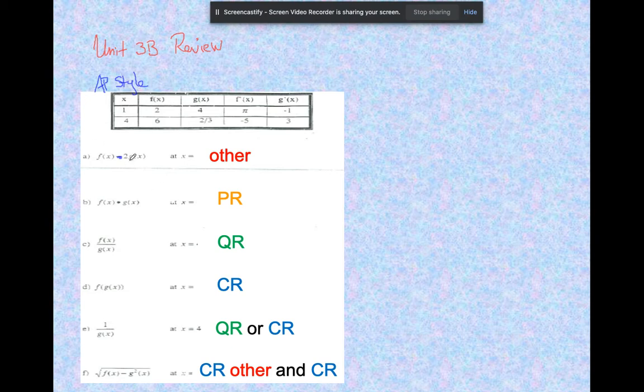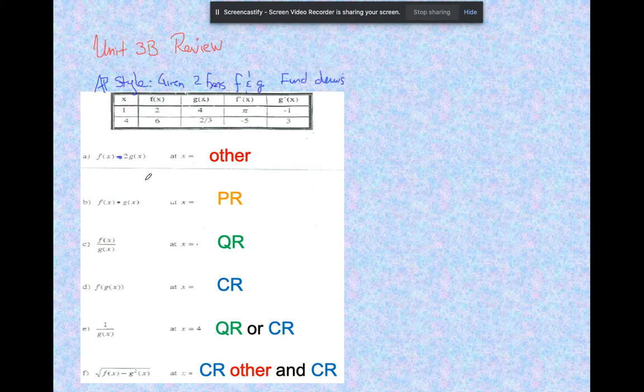Now I didn't copy over the directions, or I didn't capture the directions here. So the direction said this was, given these two functions, f and g, find the following derivatives.